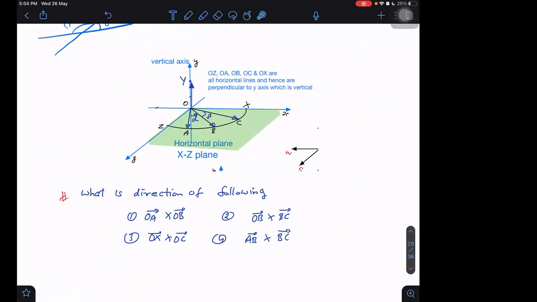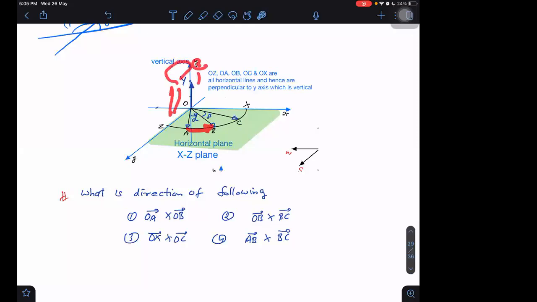How many ways can you answer it? I have told you two ways. One is to take this arrow direction. If you are looking at the arrow along the arc of the circle, that arrow is pointing from A to B. Let us say I'm standing here looking down.